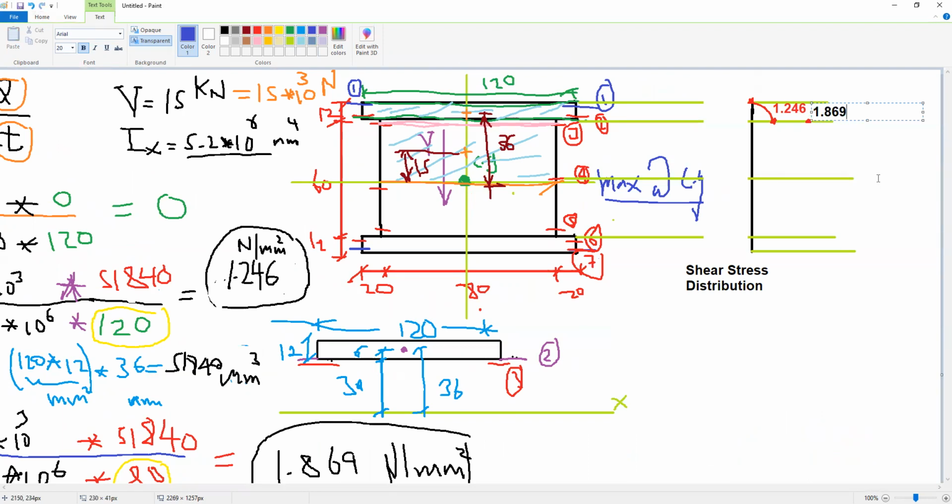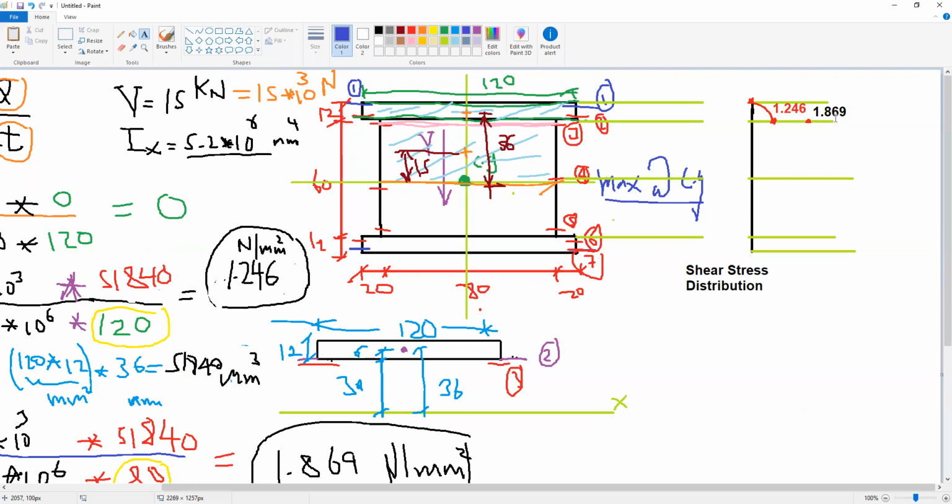Okay. So how can we connect them together? Because they are on the same line, I will connect them with a straight line like that. Okay. So this is section 2 and this is section 3.